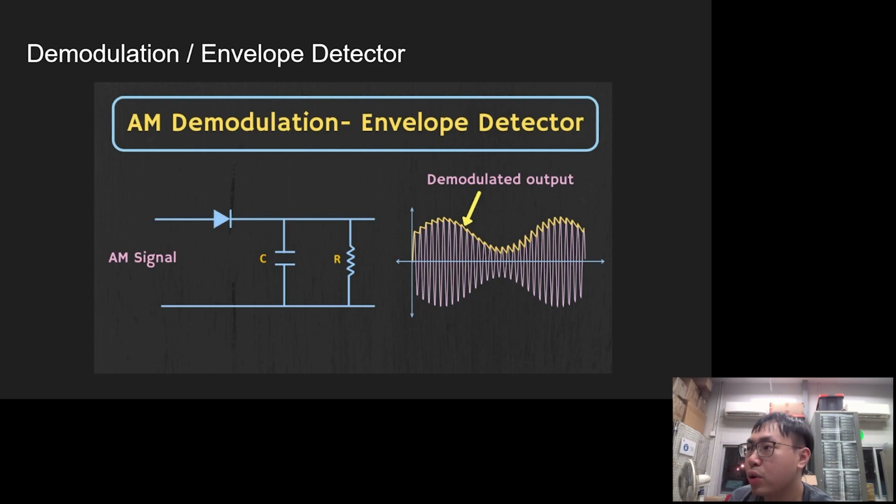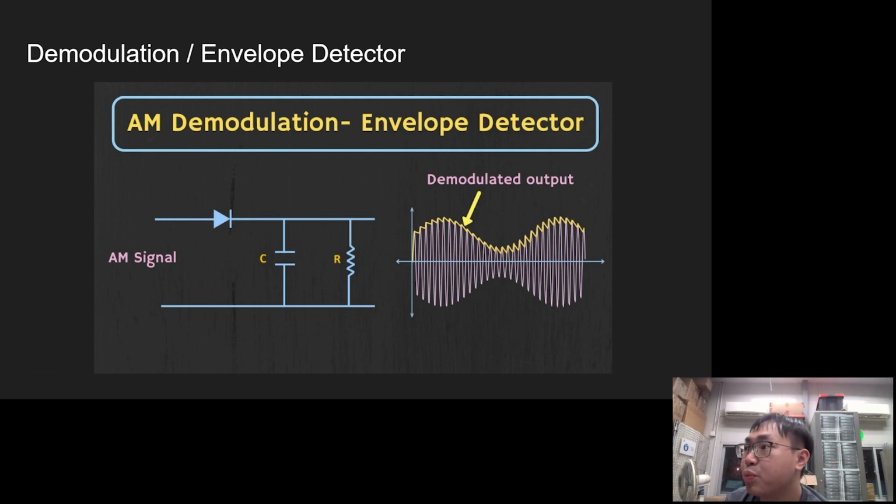The diode will only allow the positive voltage to pass through, and prevent negative voltage from flowing through the capacitor or the R. The R here is the load where we collect the signal finally, okay?